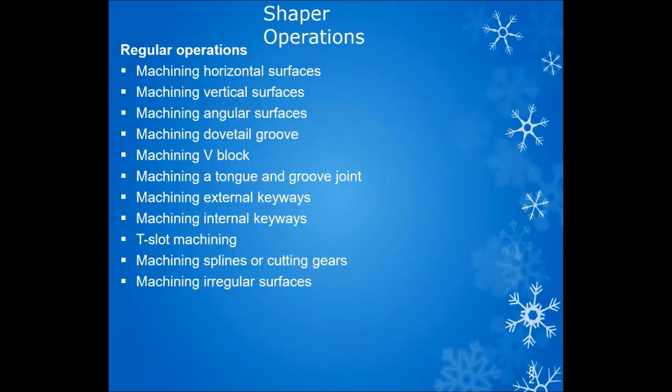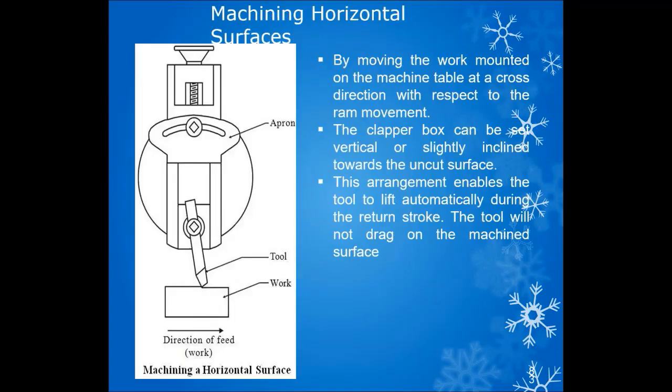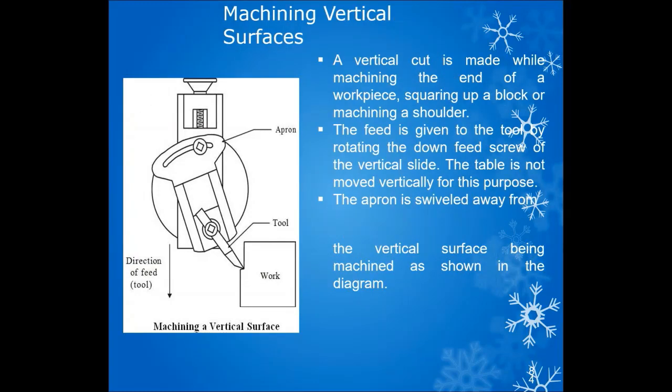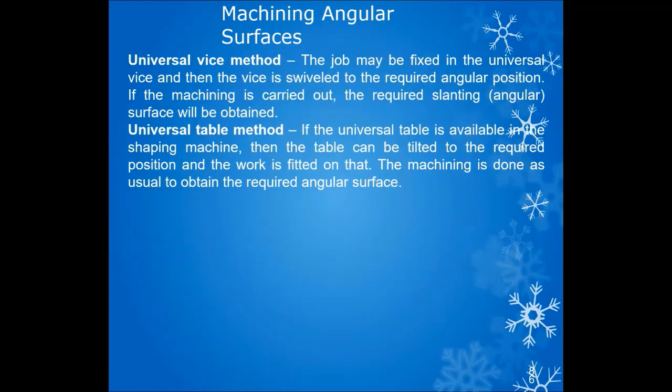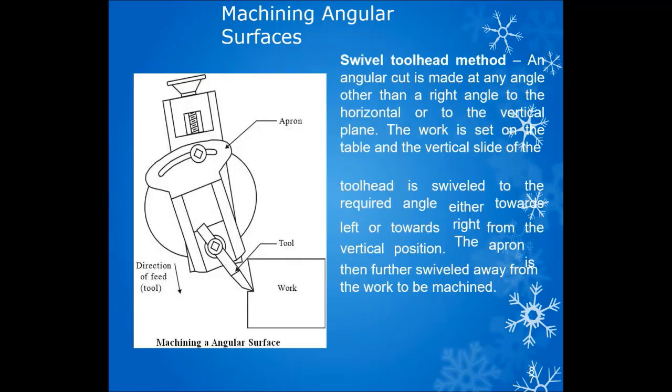Shaping operations: machining horizontal surfaces, vertical surfaces, angular surfaces, dovetail grooves, etc. Vertical surfaces are done with the vertical shaper. For machining angular surfaces, we have to rotate the tool. With the universal vice method, the job may be fixed both for vertical as well as horizontal direction.